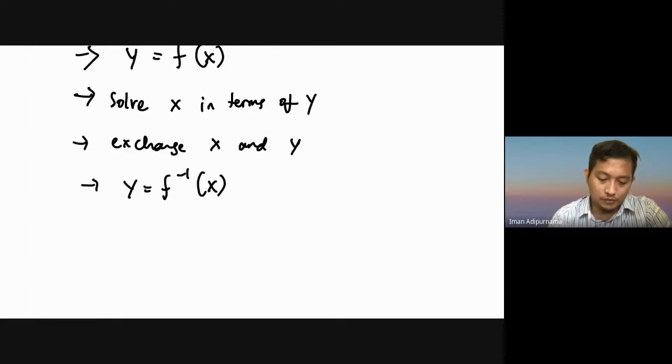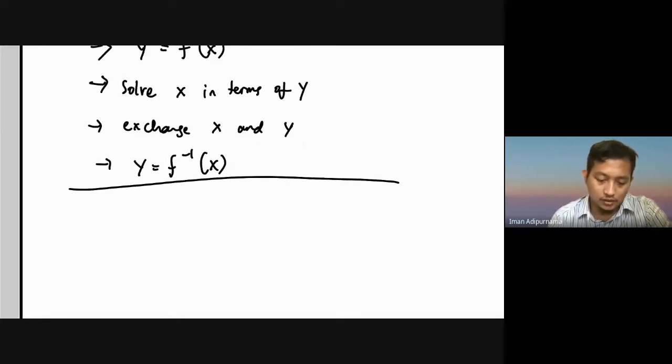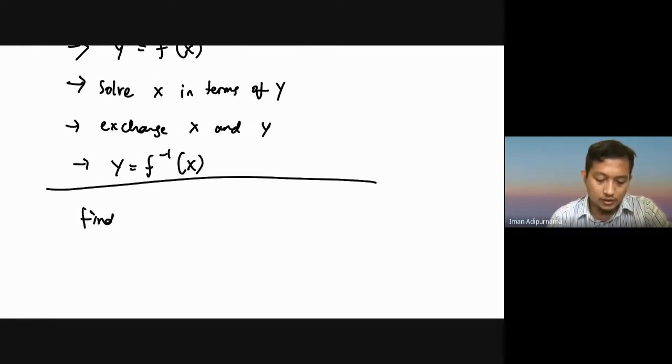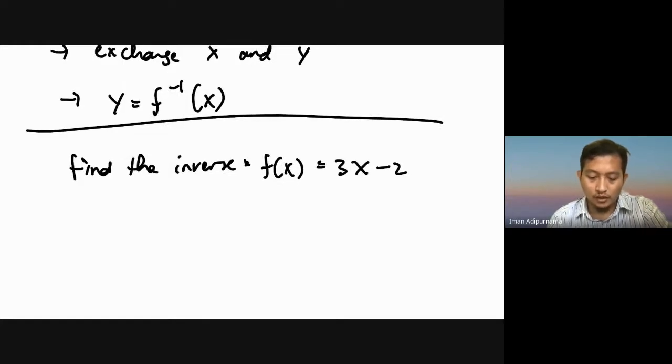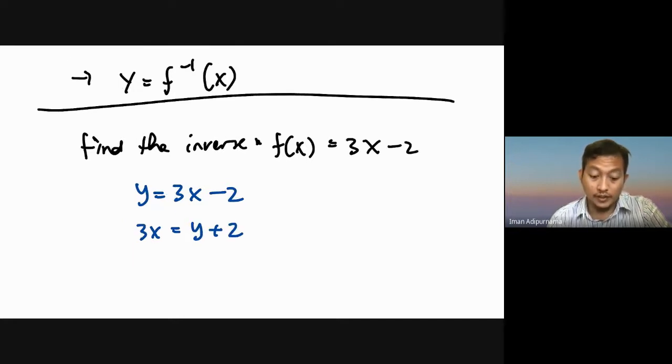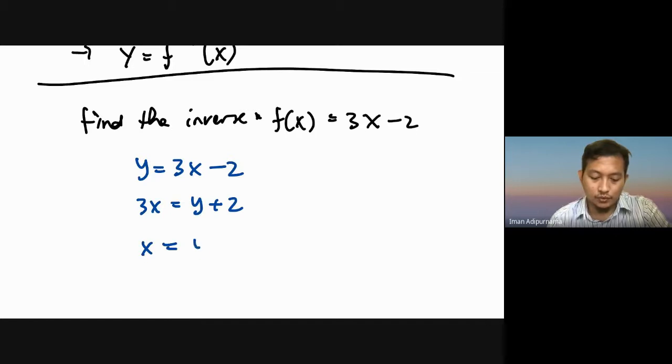Maybe we start from finding an inverse. Let's start with a simple one. Let's say just 3x minus 2. So let's start to write y equals 3x minus 2 and then solve for x. Then we can write this, right?